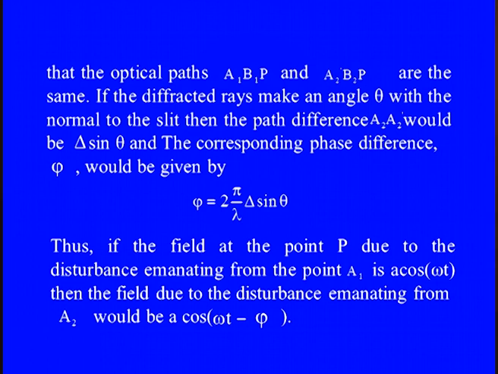If the diffracted ray makes an angle theta with the normal to the slit, then the path difference A2 A2 prime would be delta sin theta, and the corresponding phase difference phi would be 2 pi by lambda into delta sin theta.